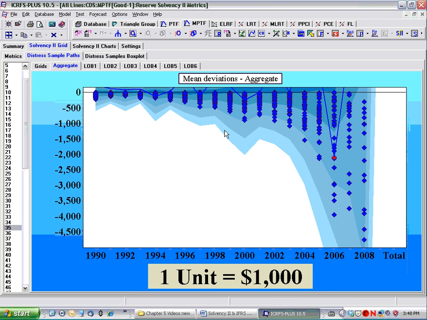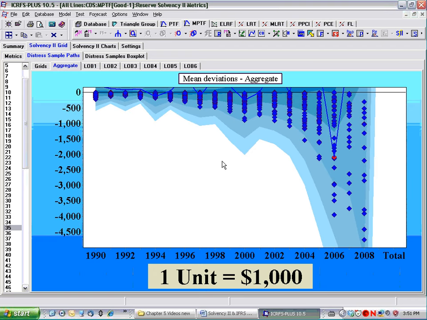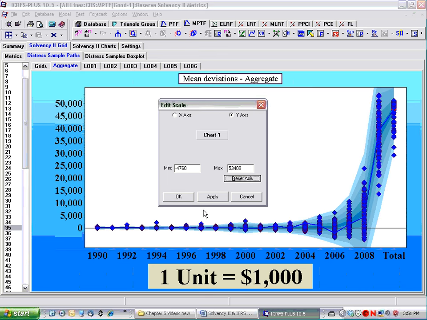Maybe because I changed the scale. Must have changed for every graph. So let me reset the scale. Scale, y-axis, reset the y-axis. Okay, and now we click on OK.